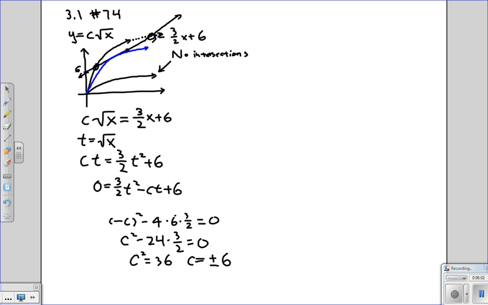Now clearly, looking at this picture, c cannot be negative 6, because if that were the case, it would go down here. So that means c must equal positive 6. So c is equal to positive 6.